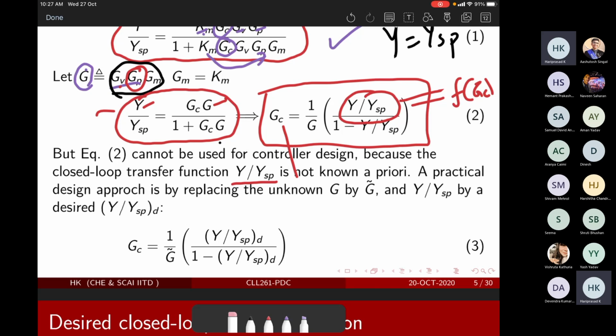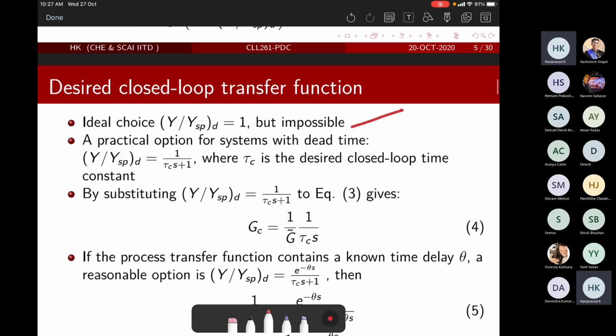So what do we mean by y by ysp desired? You're designing a controller, right? So what you really need is y by ysp equal to 1. Agreed or not agreed? Yes, sir. But of course that is impossible. What do you mean by y by ysp equal to 1?